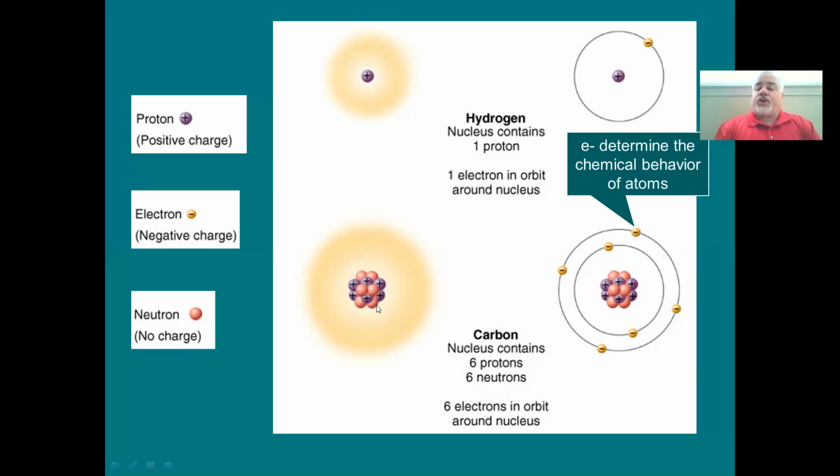A much larger atom is the carbon atom. This is a carbon-12 atom because it has 6 protons and 6 neutrons in its nucleus. So a total of 6 positive charges, and therefore there are 6 electrons or 6 negative charges orbiting it. Carbon is also very reactive and very flexible in the way it reacts.